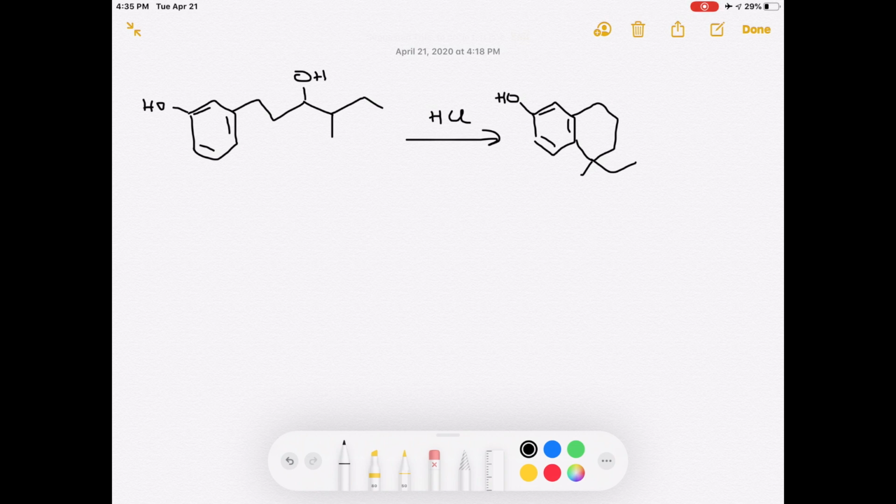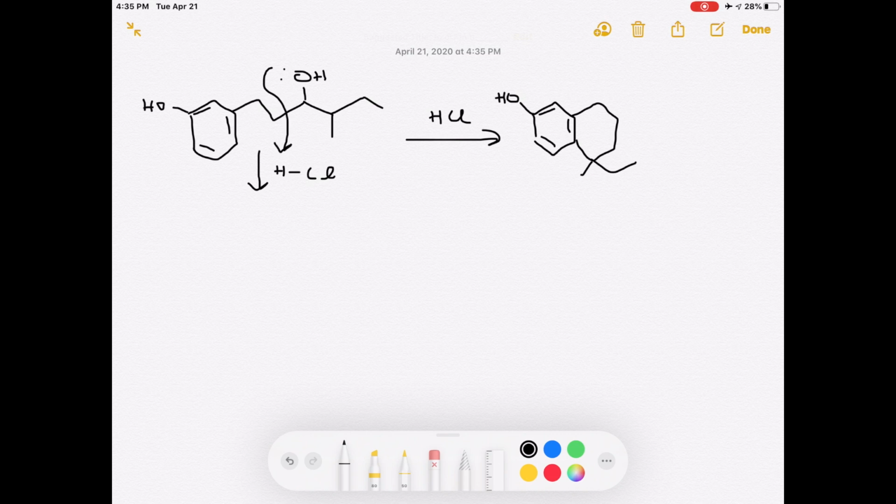When we add hydrochloric acid to the starting material, what we find is that the lone pairs on the oxygen are going to attack the proton on the HCl.